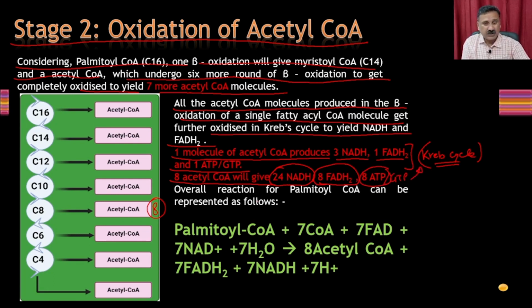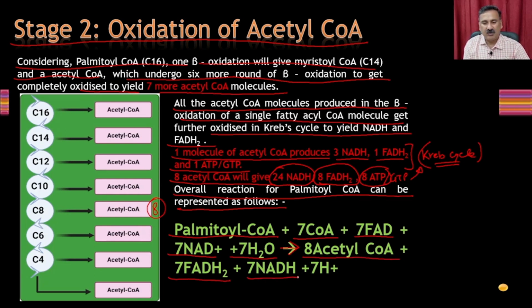So the overall reaction for the palmitoyl CoA can be represented as palmitoyl CoA plus 7 molecules of coenzyme A plus 7 molecules of FAD plus 7 molecules of NAD plus 7 molecules of water, and that is actually going to give you 8 molecules of acetyl CoA, 7 molecules of FADH2, 7 molecules of NADH, and 7 molecules of H plus.